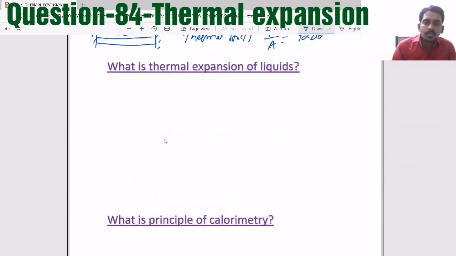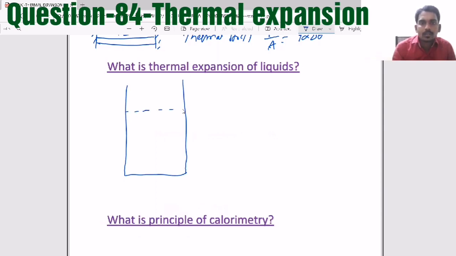Now what is thermal expansion of liquids? When you consider a liquid in a container, this is the initial level. Now after heating, first the container gets heated up, then the liquid level will go down.